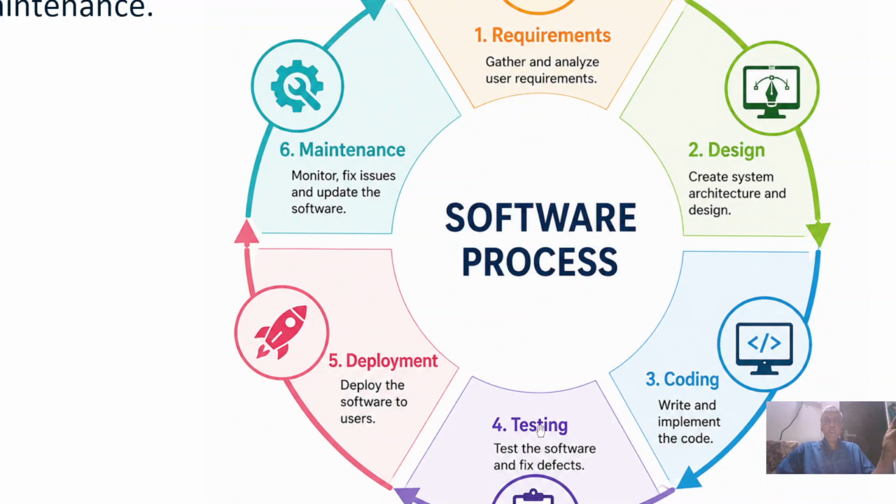The fourth phase is called the testing phase. In the testing phase, the code developed by the developer will be tested by the peer testing team, or buddy developers also will test the application, and they will find any bugs or flow mistakes.